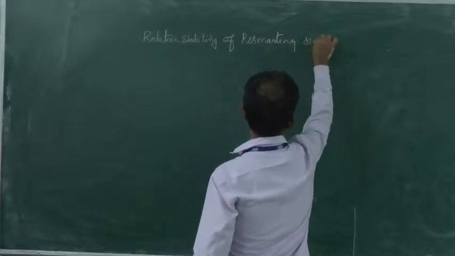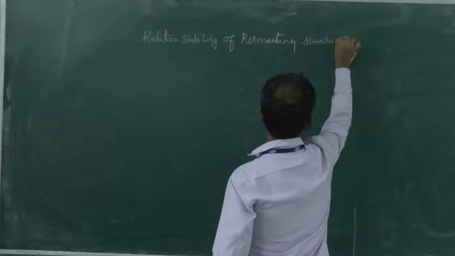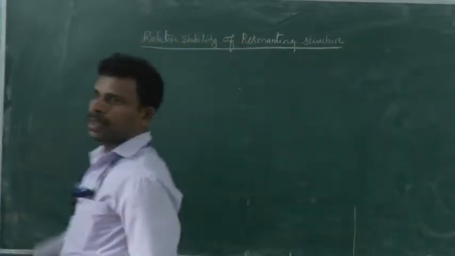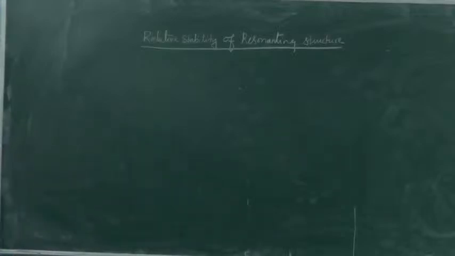You can write resonating structure or resonance structure. This is also called canonical structure or contributing structure. Relative stability of resonating structure or canonical structure or contributing structure.